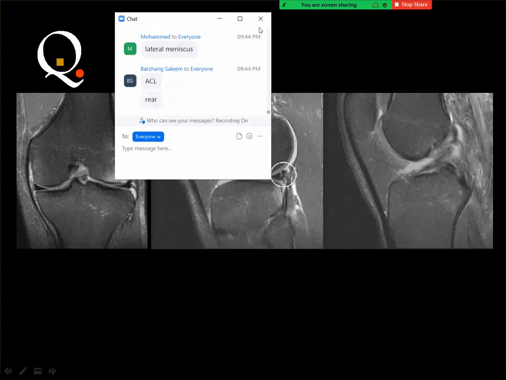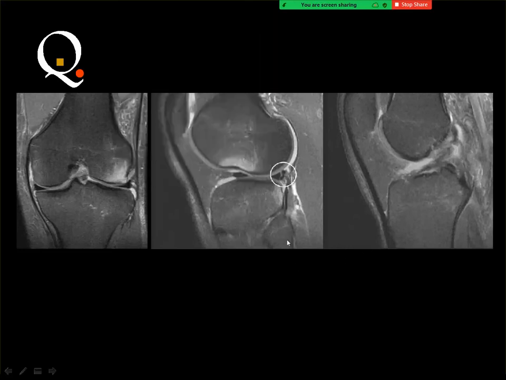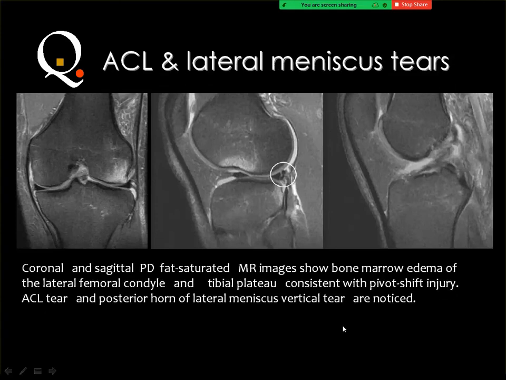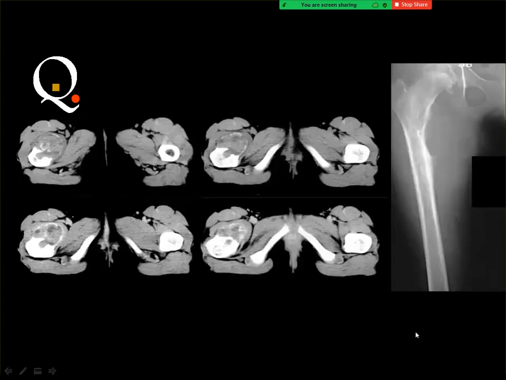Tear. Yes, this is ACL tear and lateral meniscus vertical tear with bone marrow edema. You see that the ACL is lying down against the tibial plateau with some abnormal signal within its fibers. Also, you see bone marrow edema, kissing contusions, or pivot shift lesions.